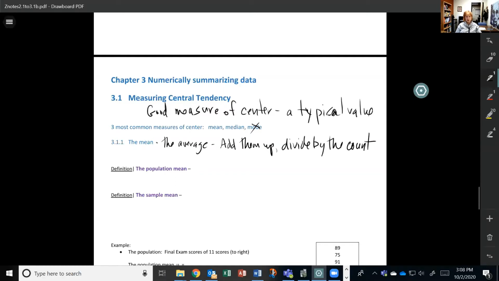The population mean: we divide up different kinds of groups into whether they're the population or the sample. The population is everybody, so the population mean is the mean of everyone.